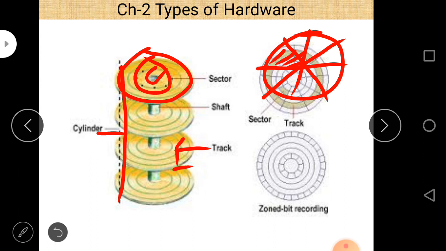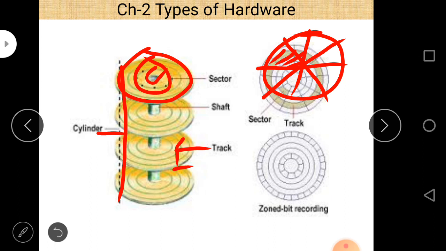You can easily see that it is of pie shape, and then tracks are concentric circles, and disks are also called platters. Here there are 4 platters, and they may vary from hard disk to hard disk. And a cylinder: when the concentric circles or tracks of each disk are joined, they make a cylinder.